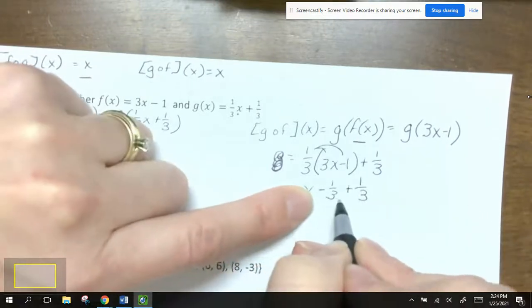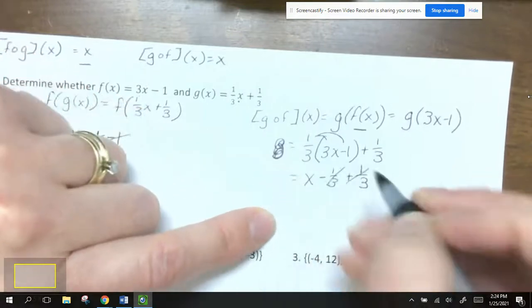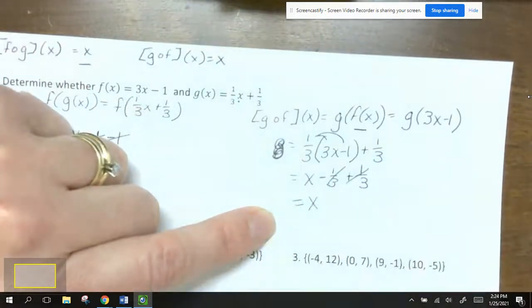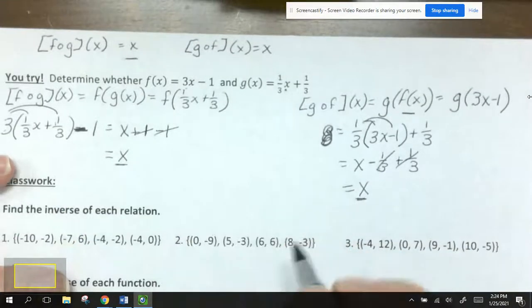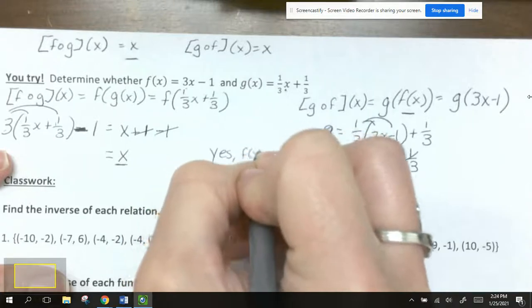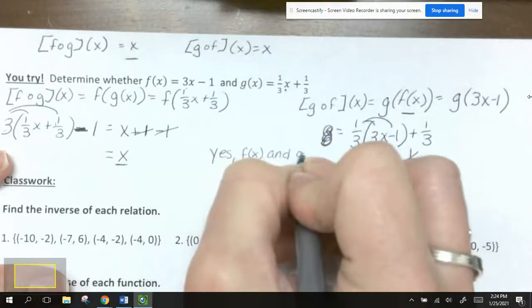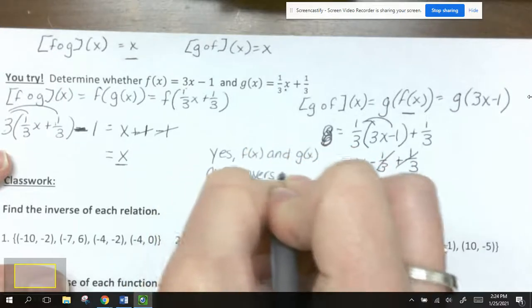Minus 1/3 plus 1/3, that's 0, so those go away, and we're left with x. So both of these ended up being x. If they are both x, then yes, f(x) and g(x) are inverse functions.